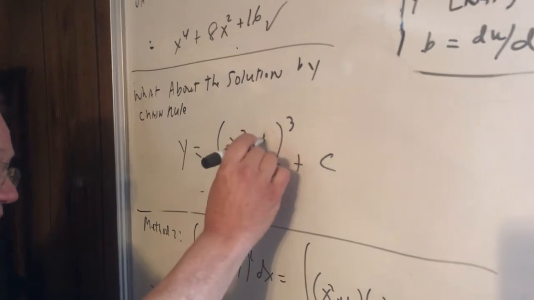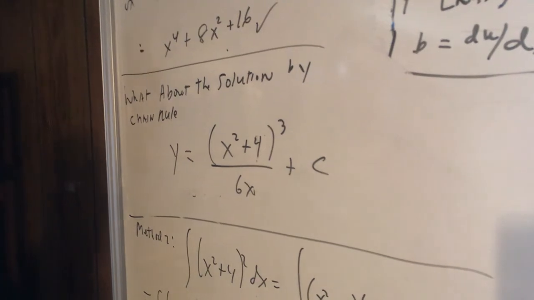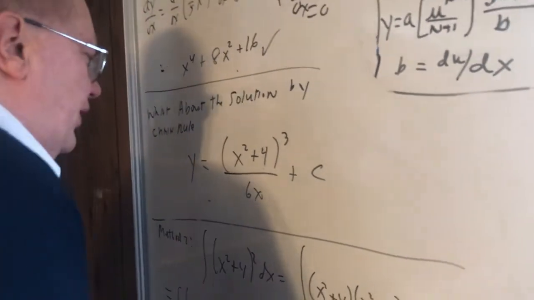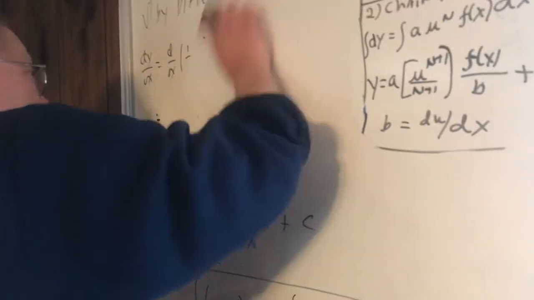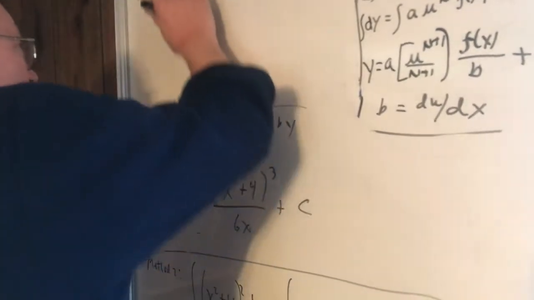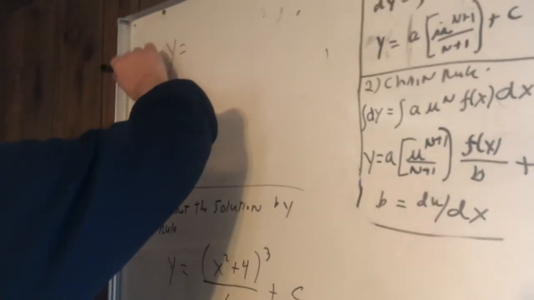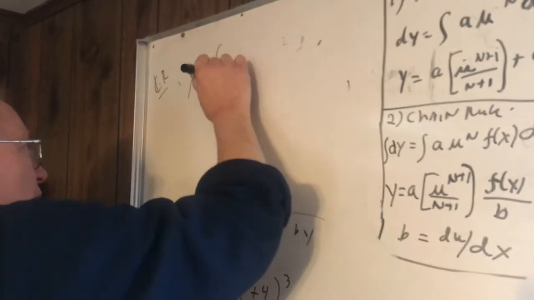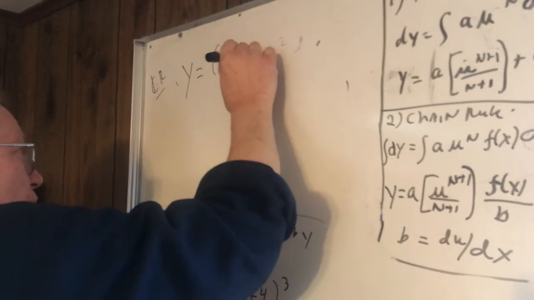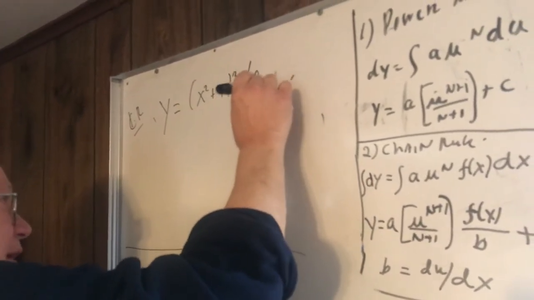So I'm going to do something a little bit different. You should know this. You might not know this. I'm going to put this up here. I'm going to have y. This is the solution by the chain rule: y equals (x squared plus 4) to the third divided by 6x plus c.